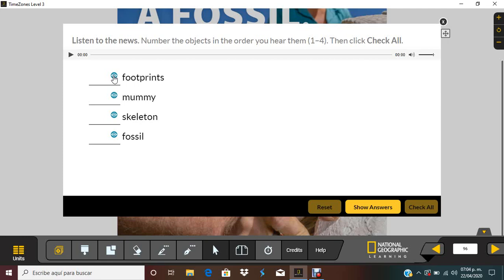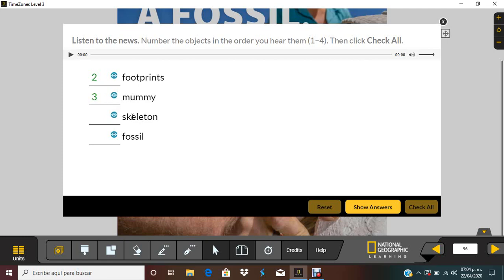So let's see. Repeat. Footprints. What number did you put for footprints? All right. If you put number 2, then you are correct. Let's go to the next one. Repeat. Mummy. What number did you put for mummy? If you put number 3, then you are correct.